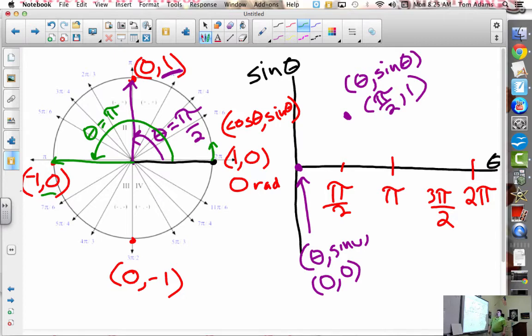So at pi, I get a y value or a sine of theta value of 0. So when theta is pi, not pi over 2, just pi, then that's 0.